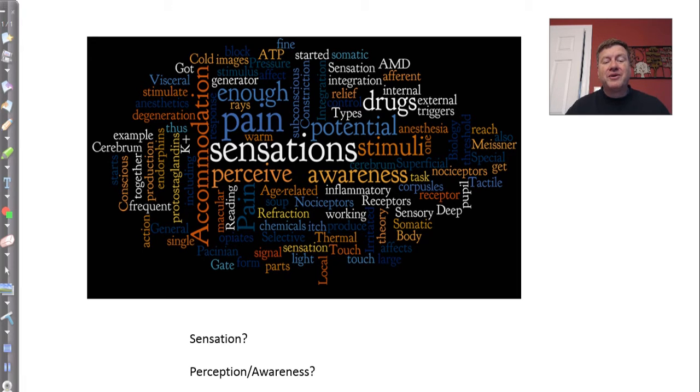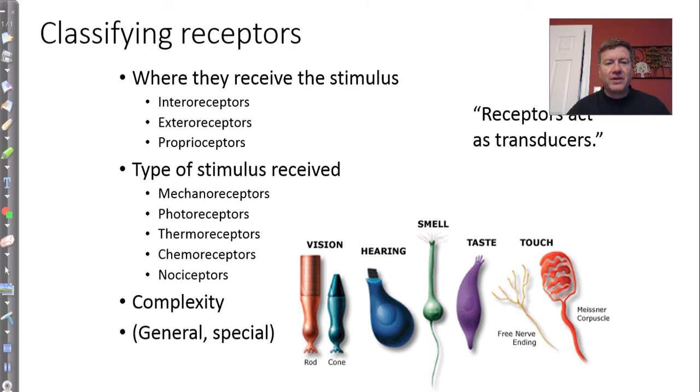Or you could have some sensations that are generated that you're not aware of, like the sensations that we associate with internal stimuli that affect, for example, your blood pressure. So you're aware of some sensations and others you're not. When we talk about the receptors, those things that generate sensations, we can look at them in a number of different ways.